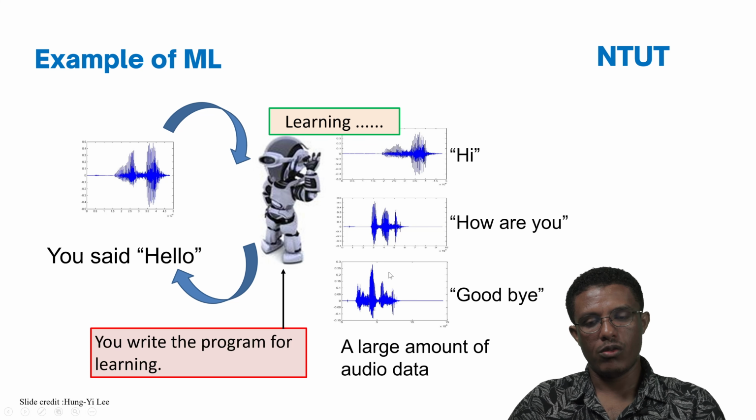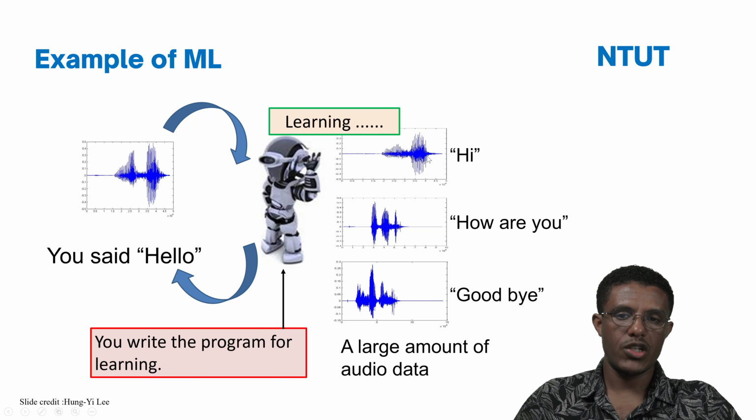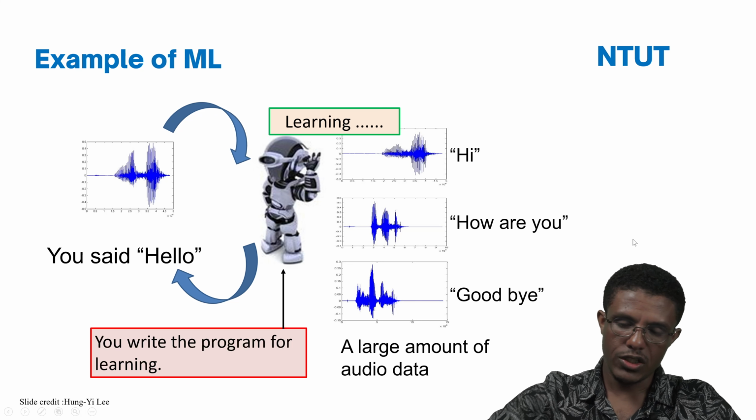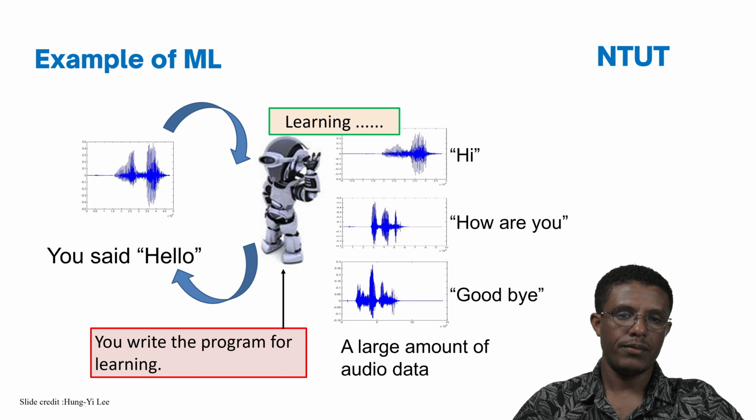Next time, when we have some voice, we give that voice to the machine, and the machine says that you said hello. So this is the testing mechanism, the structure of machine learning algorithms.